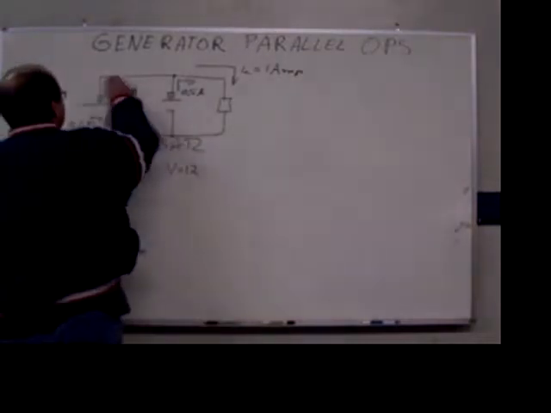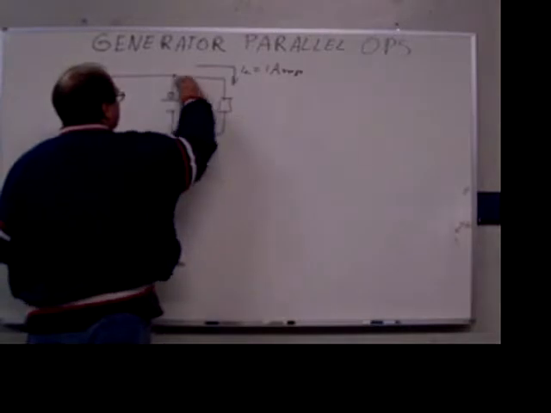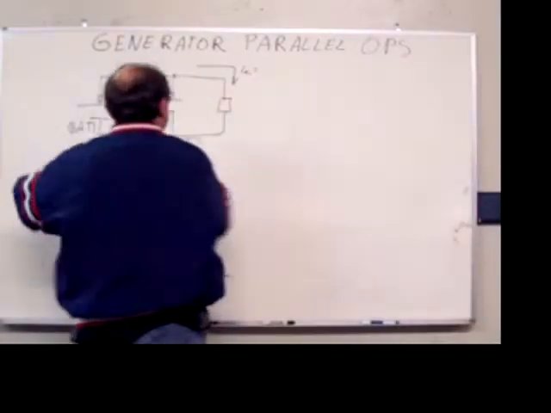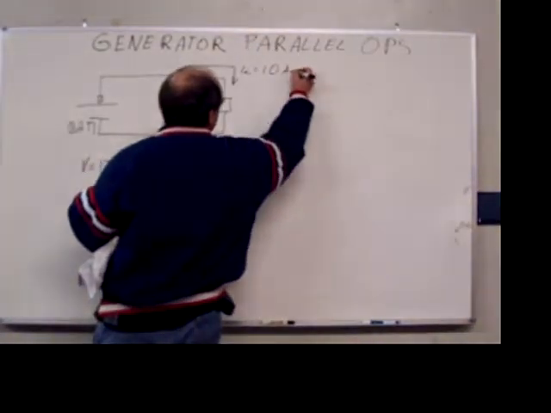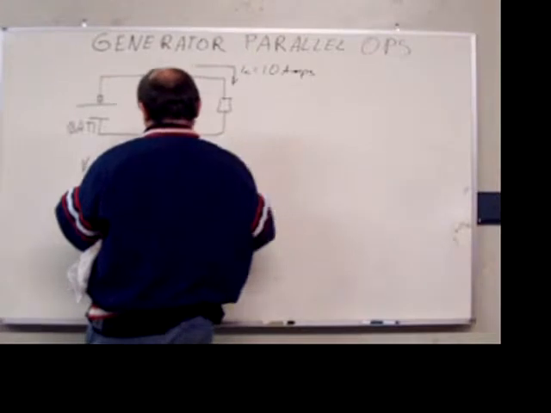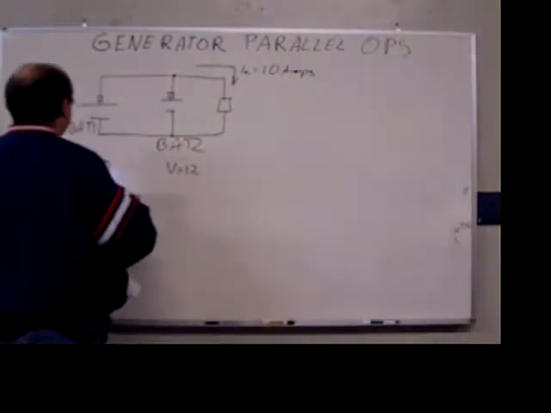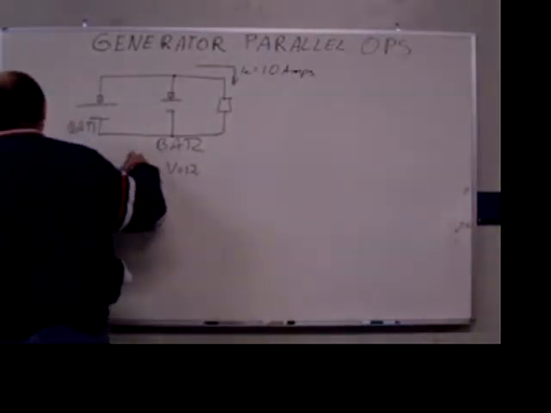In a normal world, the currents are going to change. Let me change the load here. Say we now have a load of 10 amps, and we have a load resistance. Now we're going to go with a 100 volt battery, which is what I calculated here.